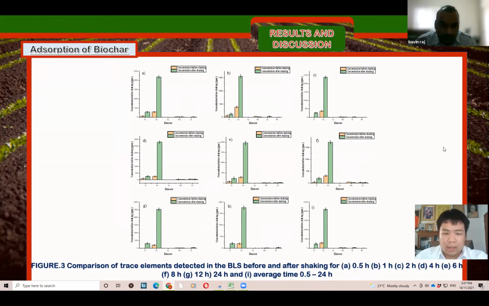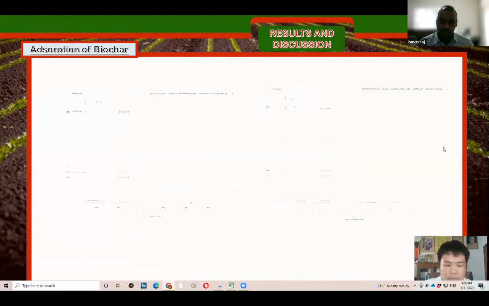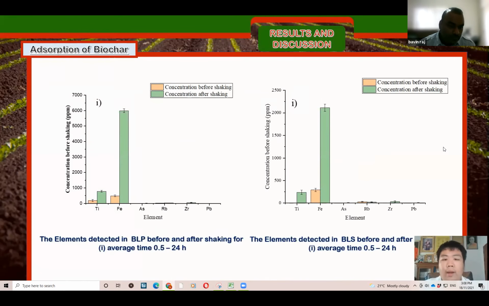And the highest element is iron, which had a concentration of 2,120 plus minus 18.75 ppm. The surface of the biochar was predominantly negatively ionized, which attracts positively ionized elements such as iron, cadmium, or titanium.